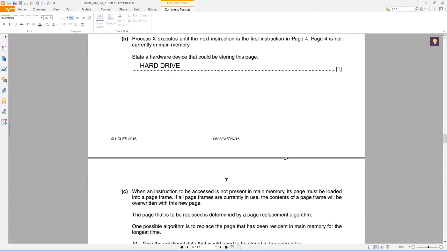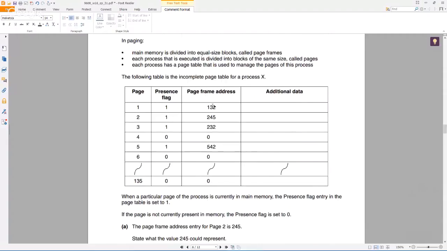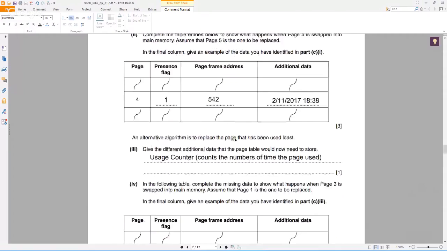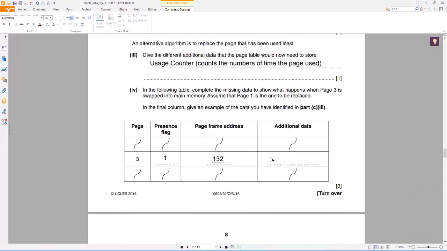We can see back in the table, page 1 address is 132. So we can fill it in, 132. And the additional data in this case is the number of times it is used. But because it's been loaded at this point in time, it's never been used yet. So 0 will be the number to put in here. It's just been loaded.